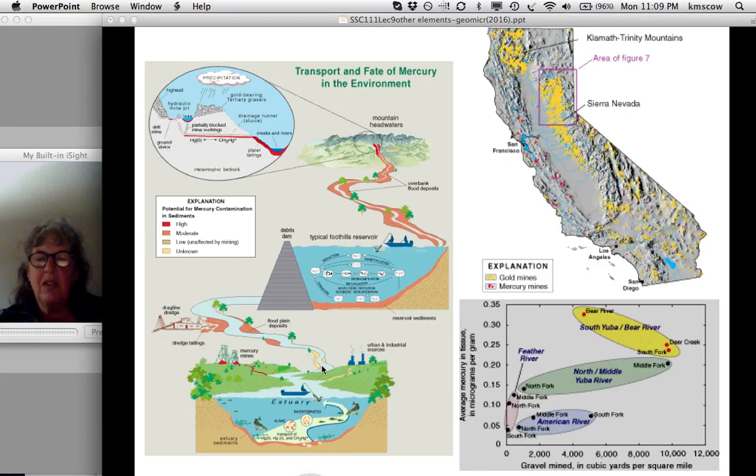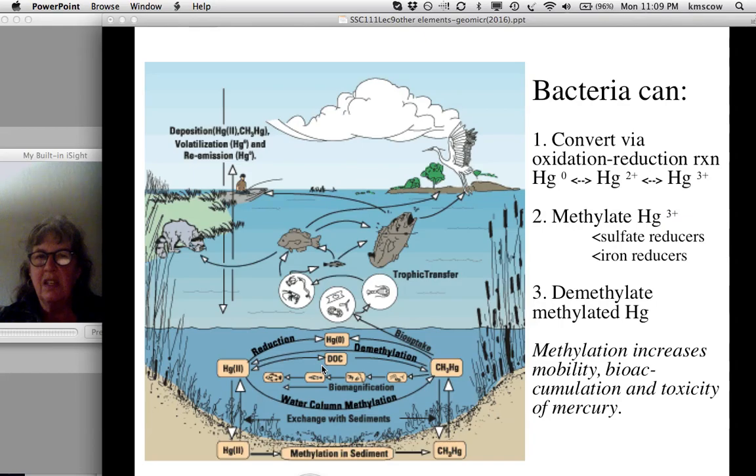And then some of this also goes to oceans. So we definitely have a pretty substantial mercury presence in the state in waters throughout, because of this legacy of the mining activity.